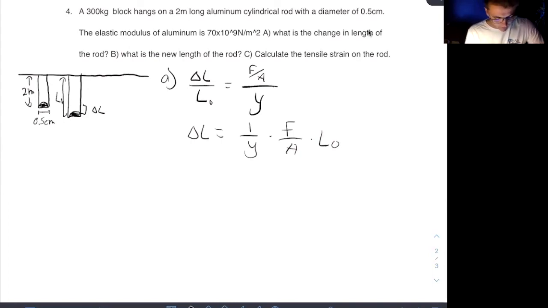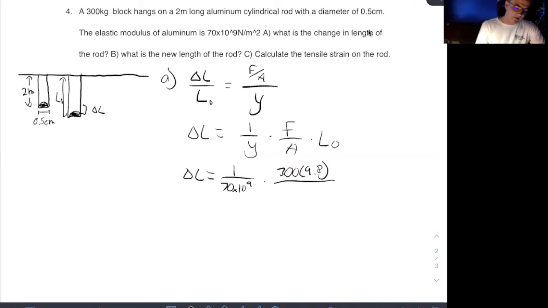We have our constant, the elastic modulus, which is specific to that metal, aluminum, 70 times 10 to the power 9. And then the force exerted on it: we added a 300 kilogram block, times 9.8, that'll give us force.